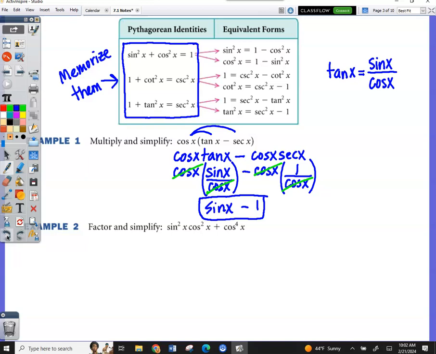All right, the next question is saying factor and simplify. So, yes, we can multiply trig functions together. We can also recognize when there is a GCF of a trig function, and we can factor it out to the front. So if you look right here, we've got sine squared.